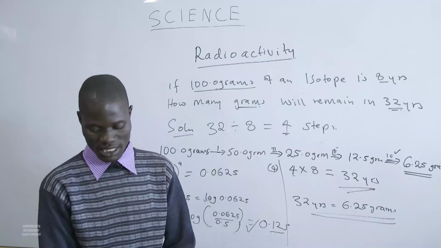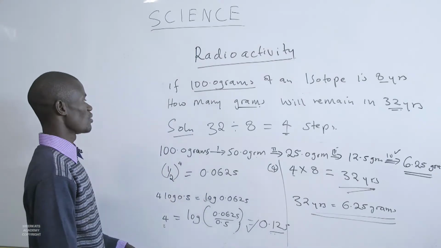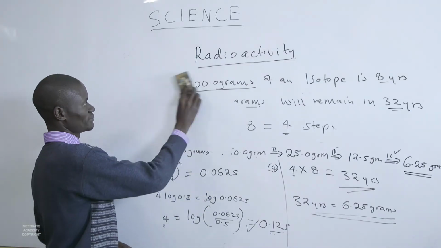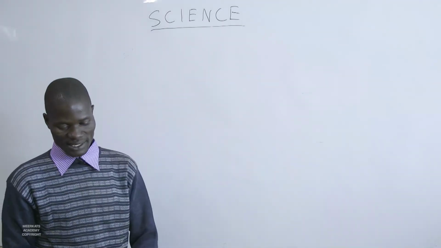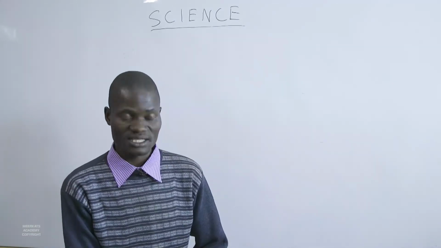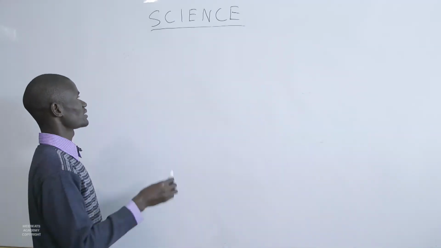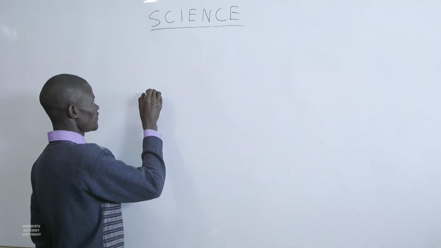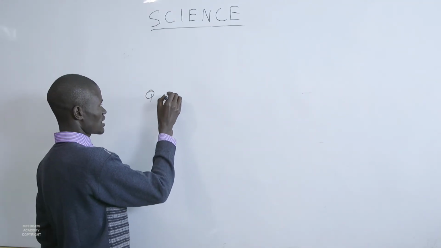We have been able to look at the types of decay. We have been looking at radioactivity, and there are various types of decay. I will just give us this question for us to discuss.